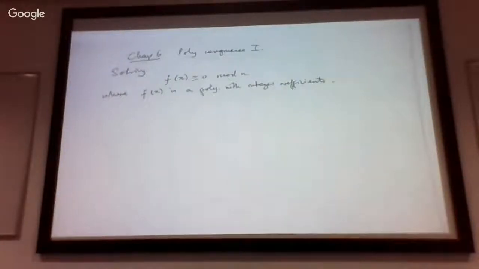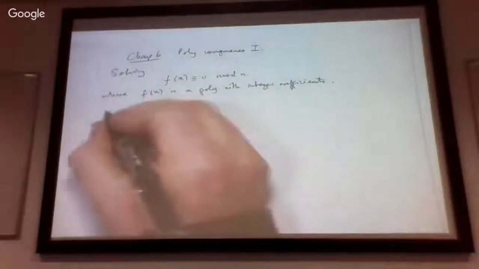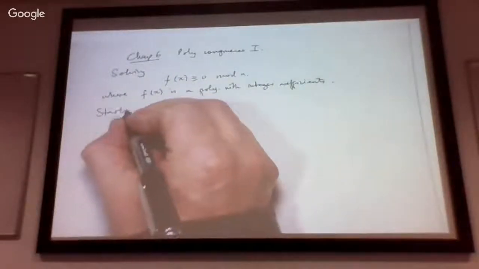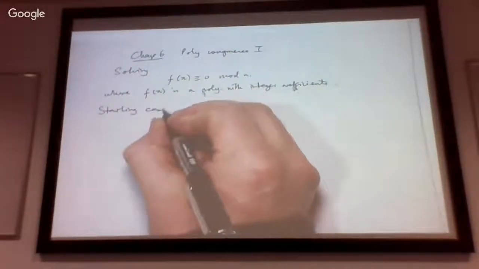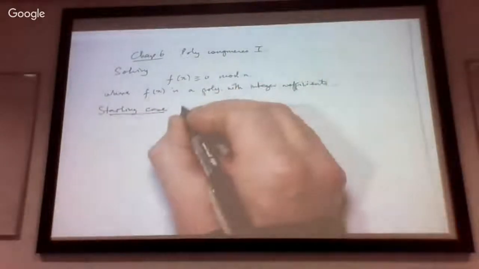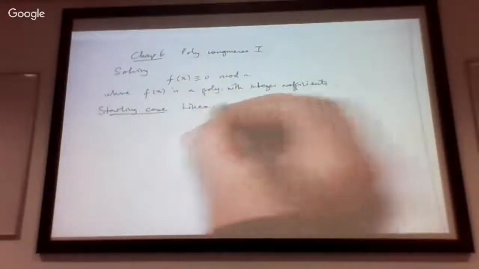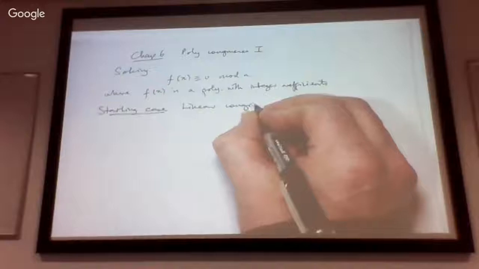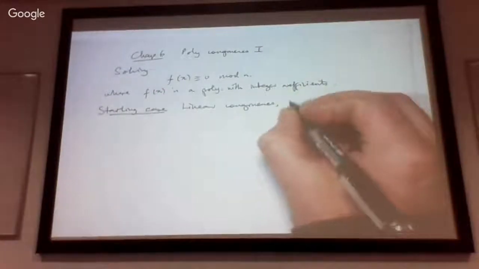Now the easiest case to look at, not full-blown polynomials, but a starting case, is linear, order 1 polynomials, the linear congruences, i.e. polys of order 1.